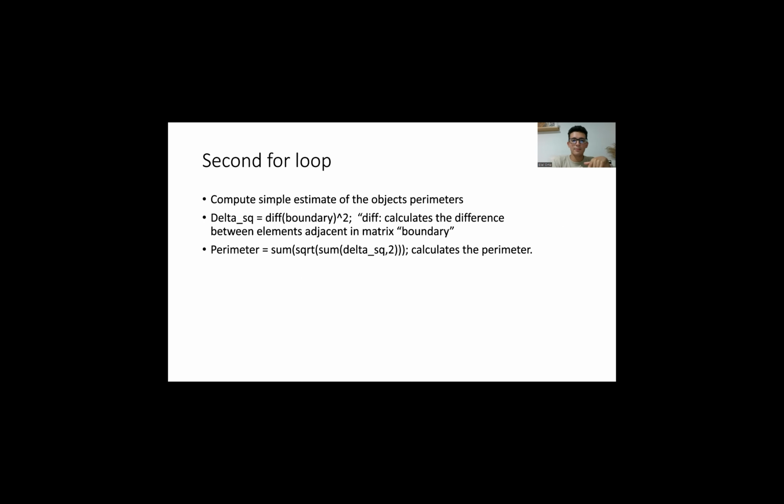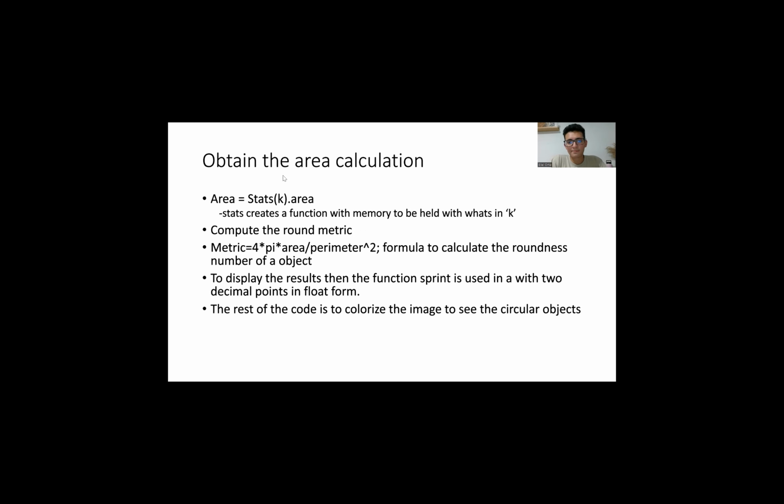And from this perimeter, we put in another calculation to find the area. And from that, we're going to set it equal to metric. And then after that, we're going to do an if statement. And that if statement is going to compare whether that metric number is higher or lower than our set threshold. And if it's higher, that means it's a circle. And if it's lower, then it's not a circle.